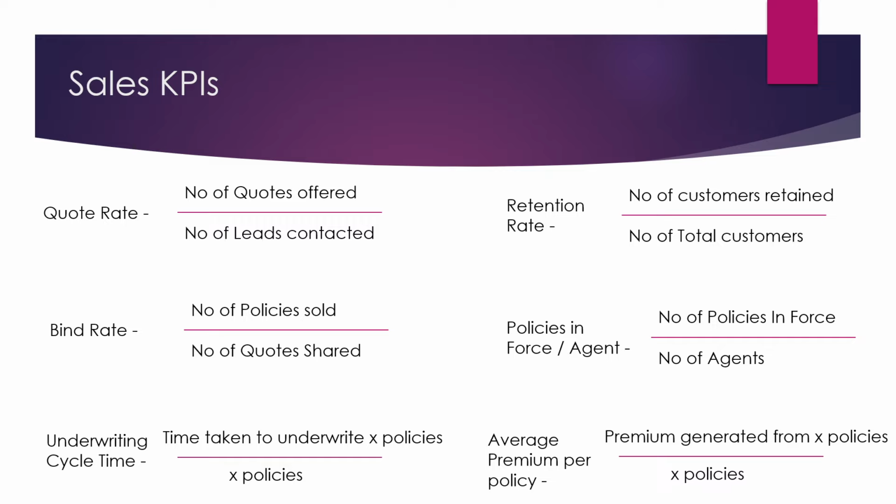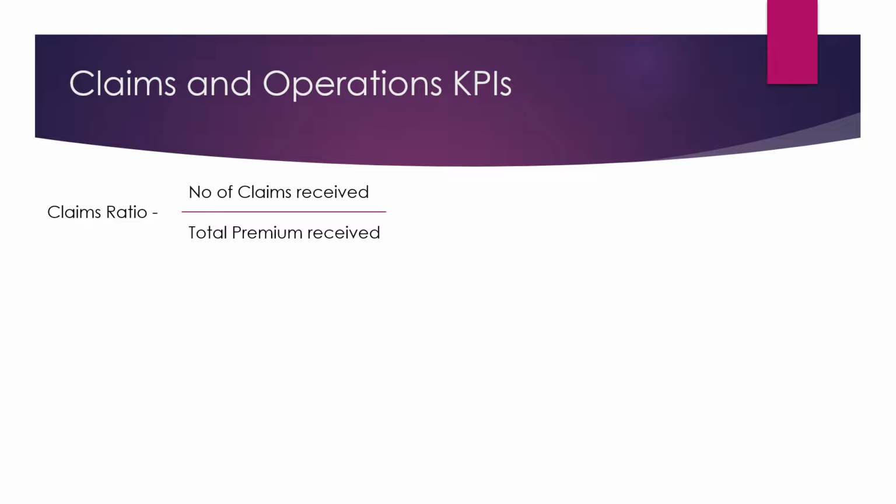Now we will go to the claims and operations KPIs, and the most important of them is the claims ratio, right? Say, for example, the total amount of premium received in a certain period is 100 rupees, out of which the number of claims received is 5, right?